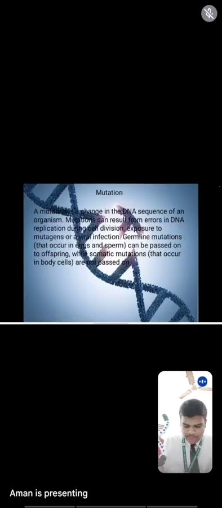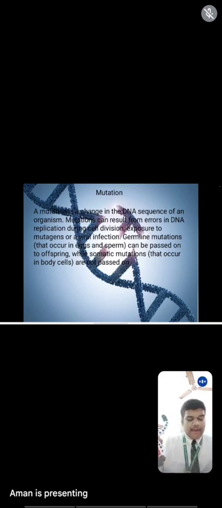This process can also be done by a plasmid. A plasmid is actually a small segment of DNA that is found suspended in the nucleoid region in the cytoplasm. And a mutation is a change in the DNA sequence of an organism.